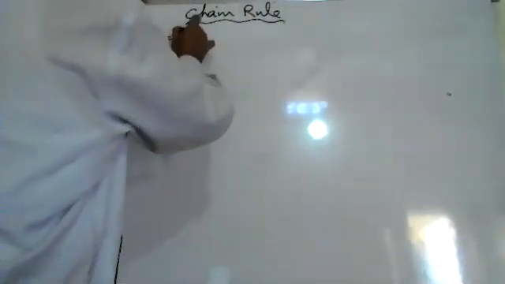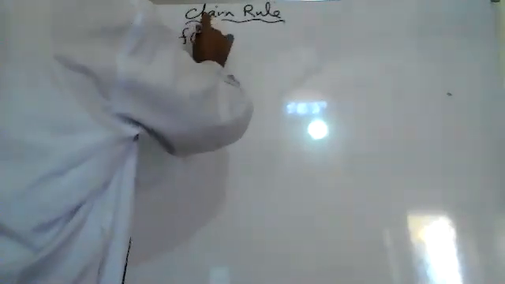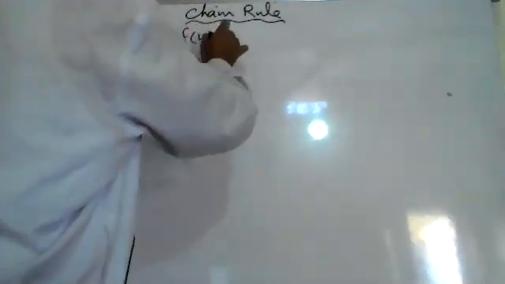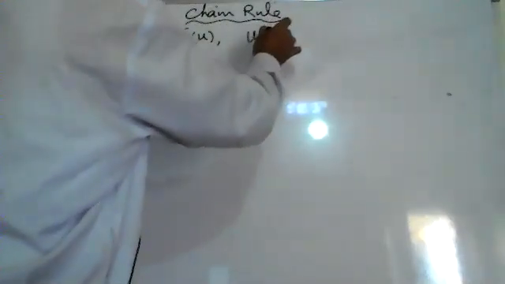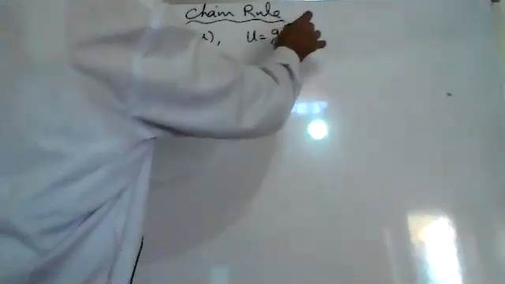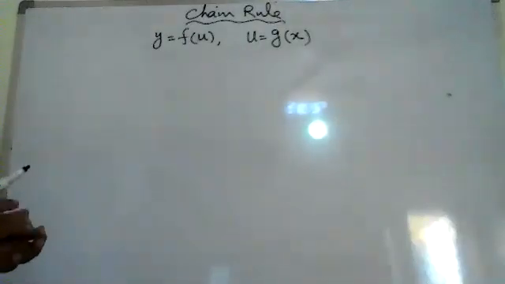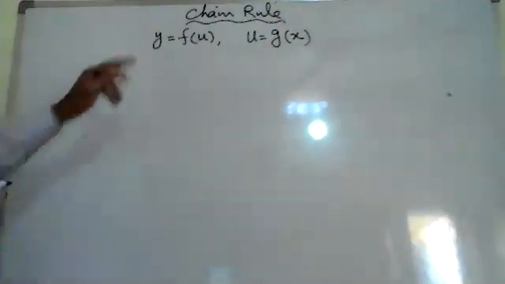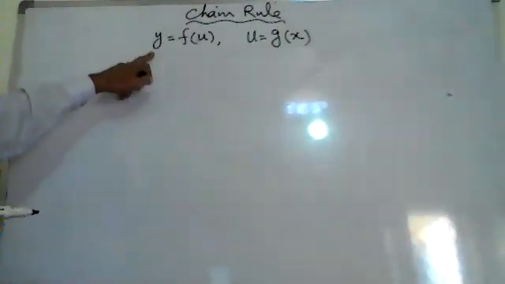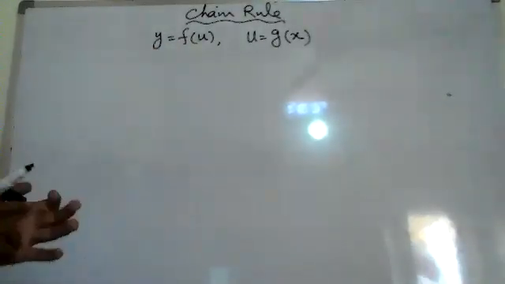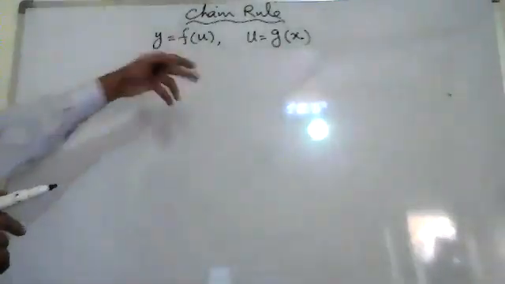Chain rule will be used in such type of function. Y is a function of u, and u is a function of x, and we have to find dy upon dx. But there is no x. Y is not a function of x. Y is a function of u.